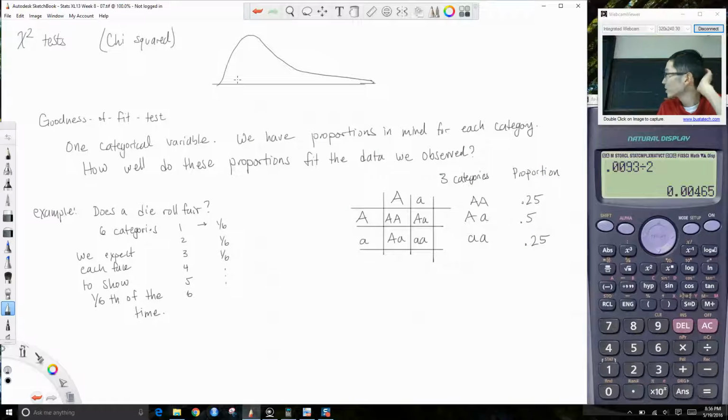So these would be examples where we could use the chi-square goodness of fit test. This could be like you're crossing some kind of flowers, and maybe this corresponds to the flower being red, this is white, and here the flower is pink, or something like that.